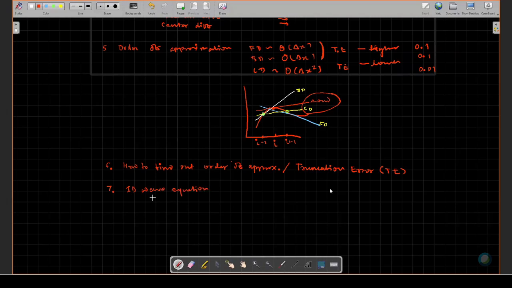For this 1D wave equation we have talked about stability. In order to check the stability of a particular scheme, we have performed von Neumann stability analysis.